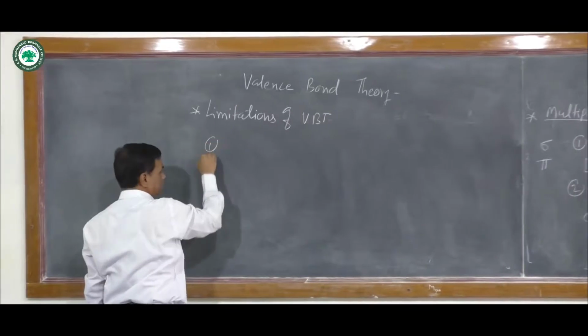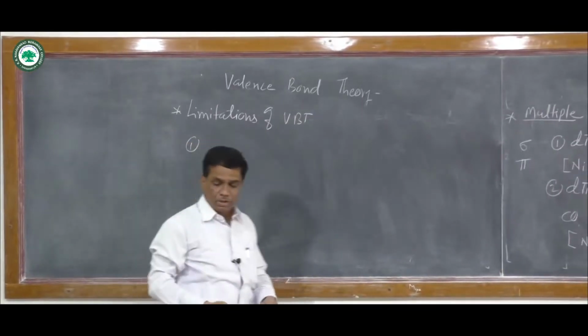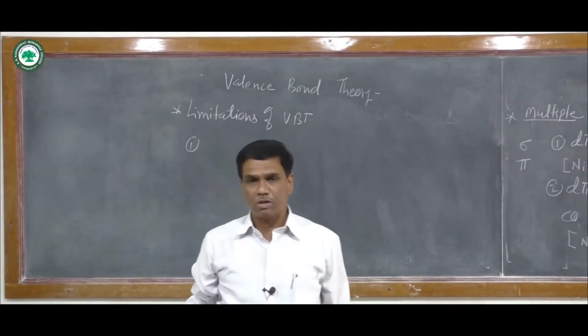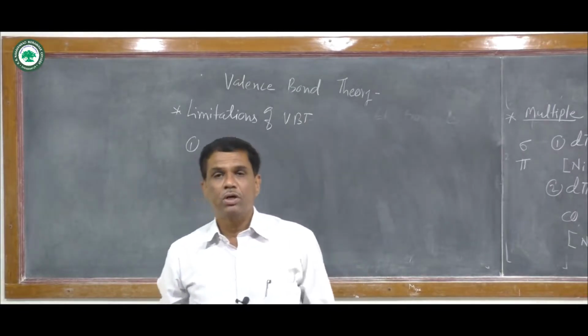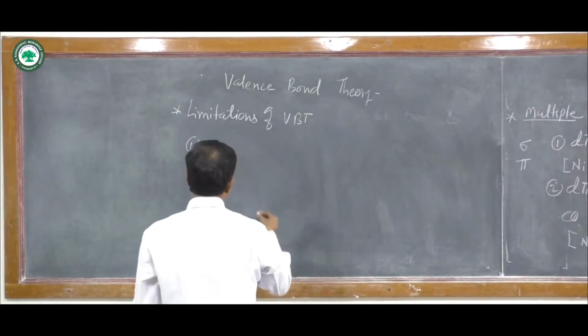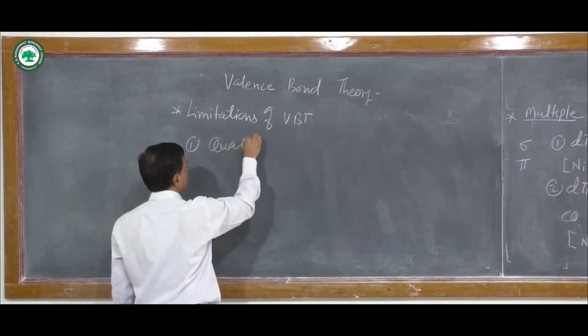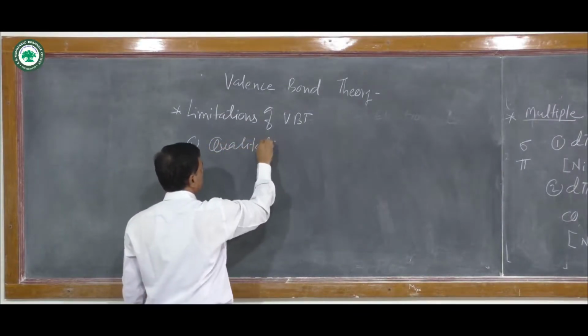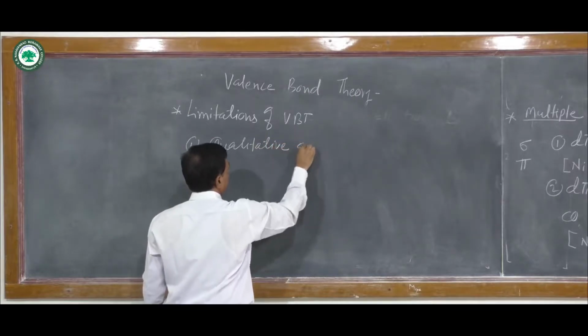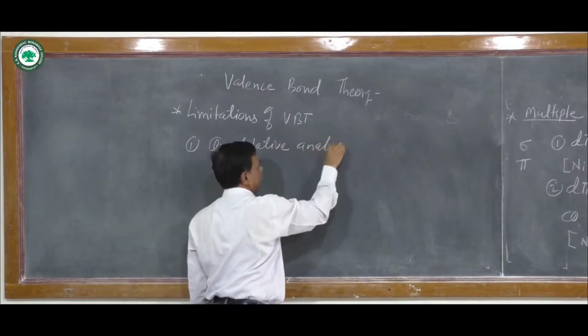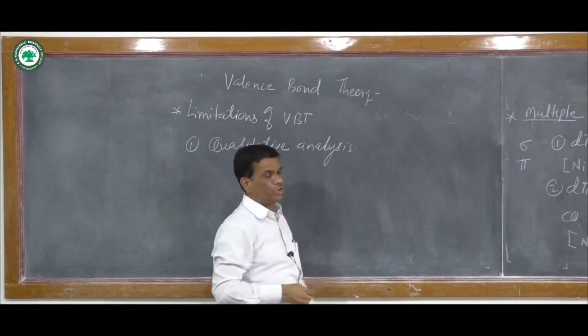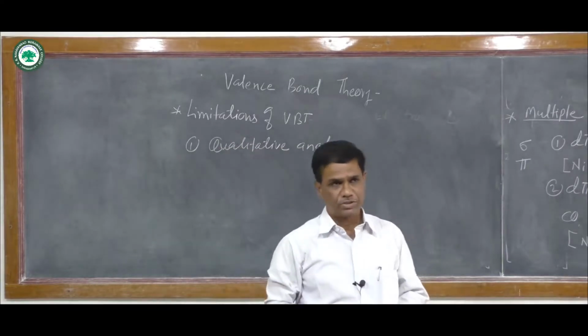First limitation is, valence bond theory explains the molecular or coordination compound structure on the basis of only qualitative analysis, and not on the basis of quantitative analysis.